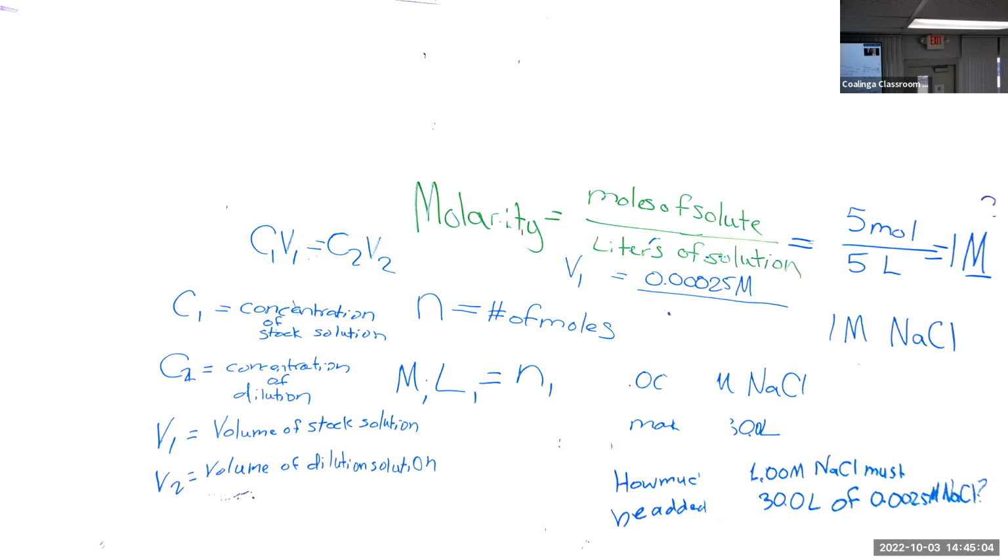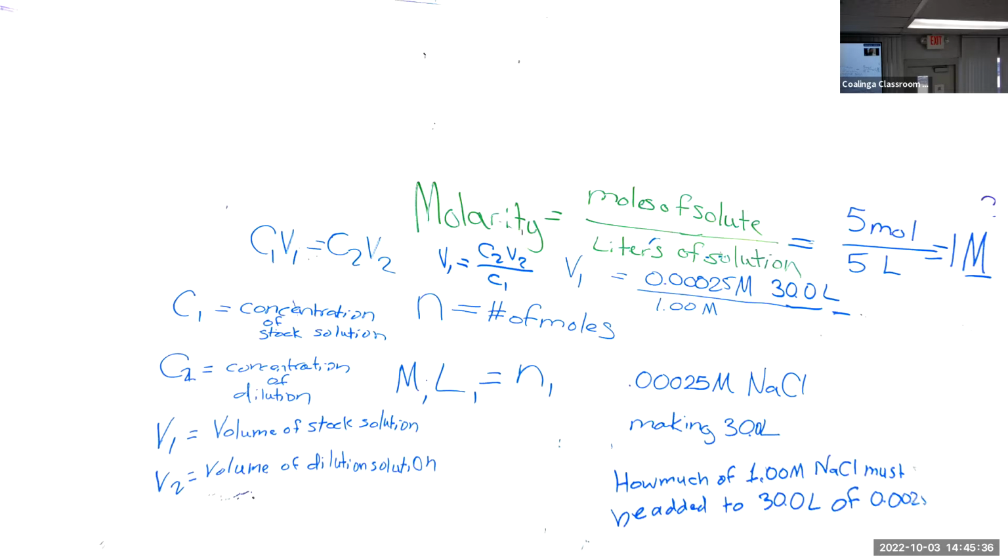So C1 is 1. V2 is 30 liters. V1 equals what do you guys think?